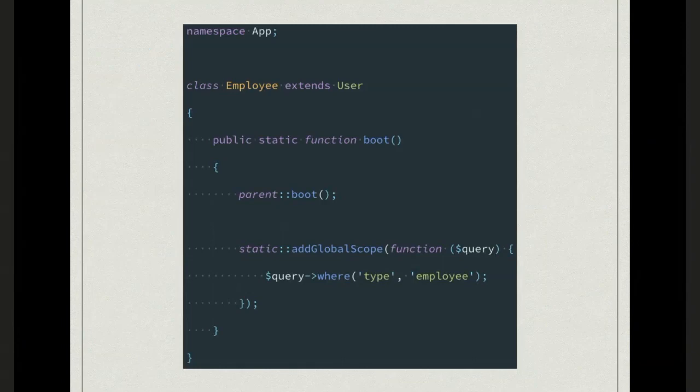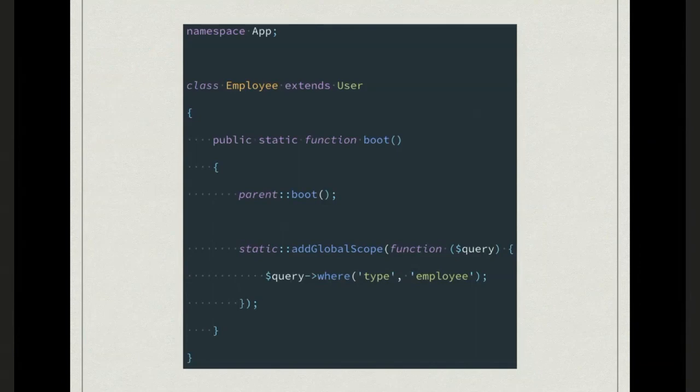And a global scope, for those that aren't aware: on an Eloquent model, you can do query scopes, so you can run queries, right? So you can say employee where name is whatever, like some of the stuff that Pete was doing in his talk. By adding a global scope, this gets applied on every single query, no matter what, unless you explicitly opt out of it.